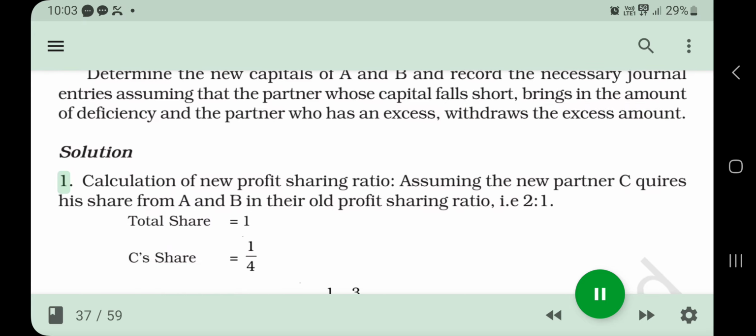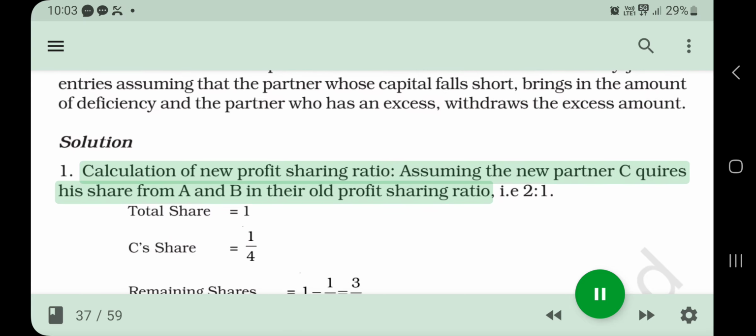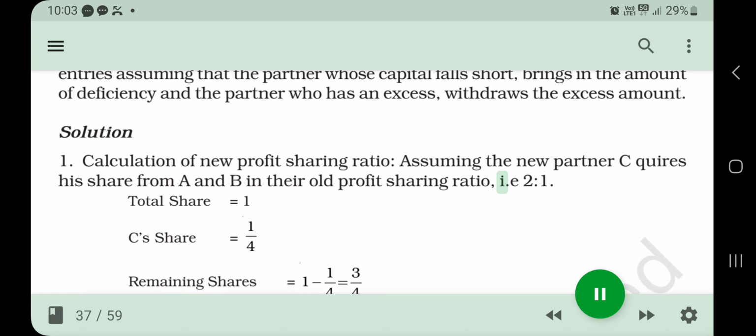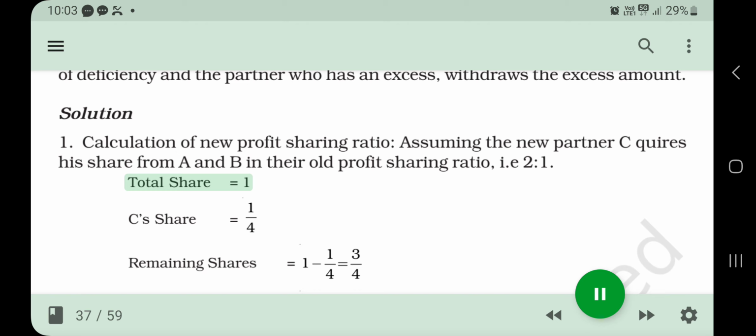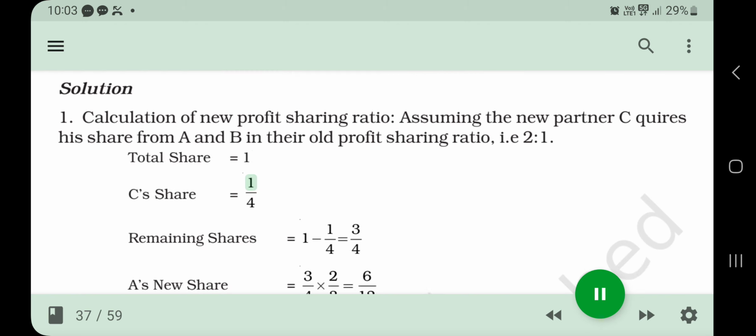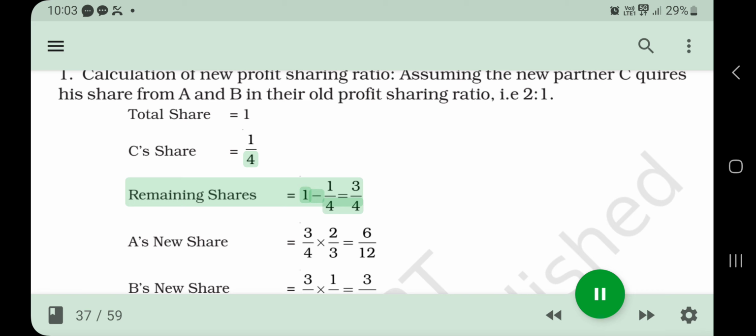Solution. 1. Calculation of new profit sharing ratio. Assuming the new partner C acquires his share from A and B in their old profit sharing ratio, i.e. A 2:1. Total share equals 1. C's share 1/4, remaining share equals 1 - 1/4 = 3/4.